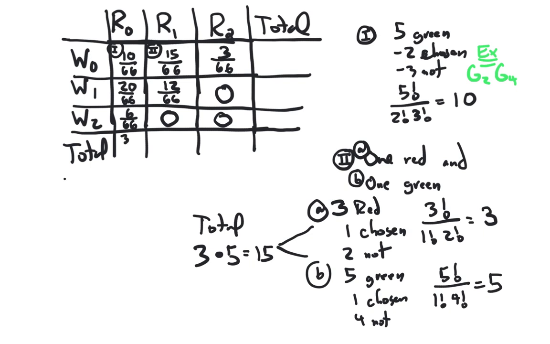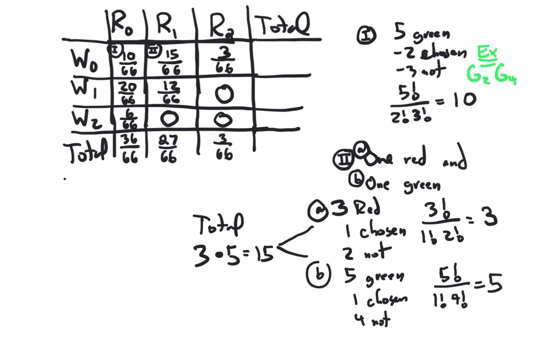So it's 36 out of 66. Probability of drawing 1 red, irrespective of the other marble, is 15 plus 12 is 27 66ths. And the probability of drawing 2 reds is, well, that's just 3 66ths.